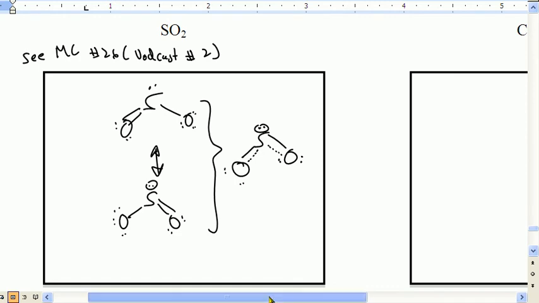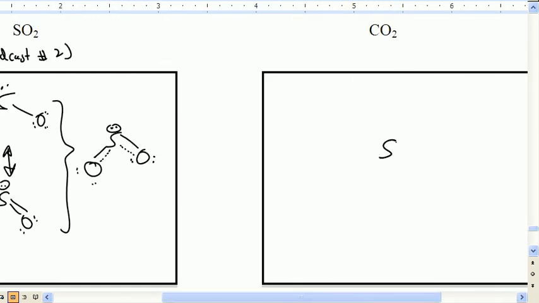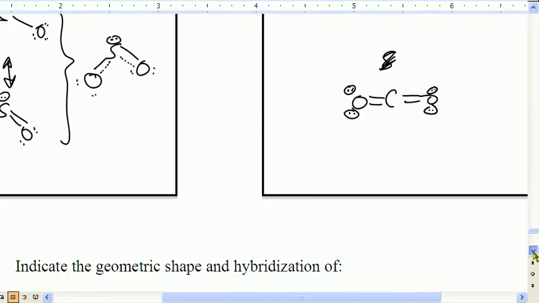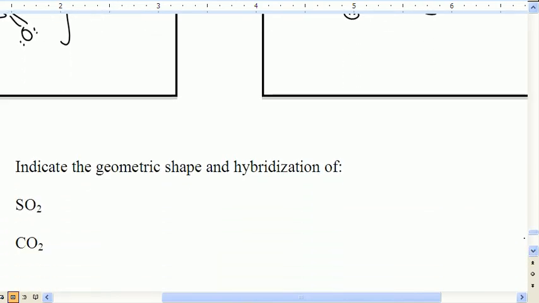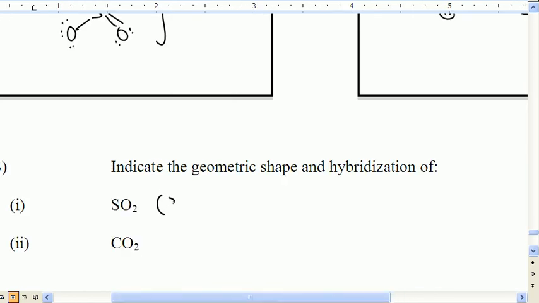Okay, and that's SO2. And we all know that our good friend carbon dioxide looks like so. Indicate the shape of SO2. There are 3 things around it, so that's sp2. There are 2 things around it, that's sp. The shape of this is bent.